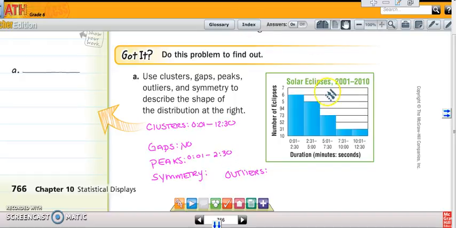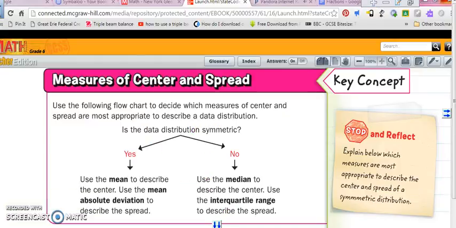If I split this down the middle, is this the same on both sides? Completely different. And there isn't anything hanging way out here by itself, so no outliers. And that's all you have to do with clusters, gaps, peaks, and symmetry. You're going to have a chance to do some more with that. Let's turn our page when you're ready.